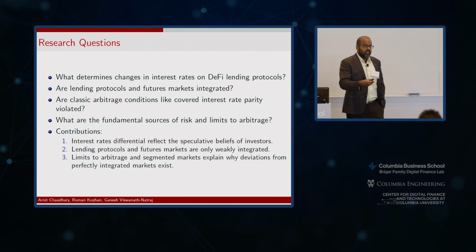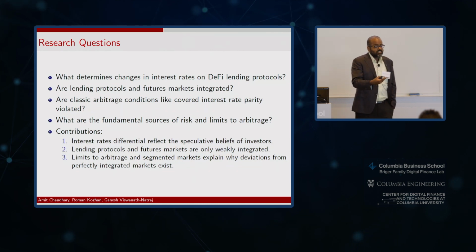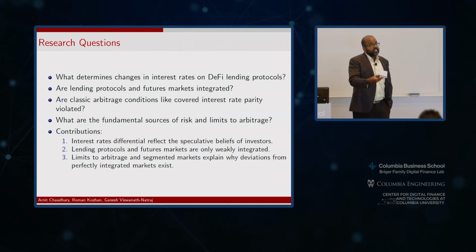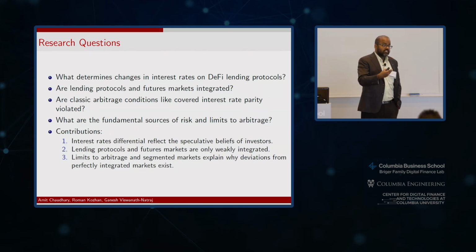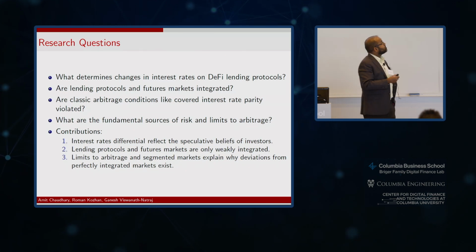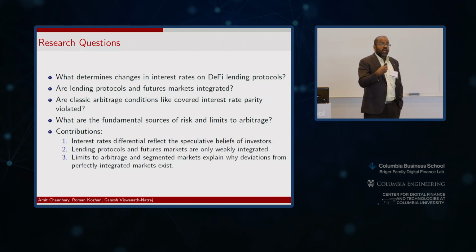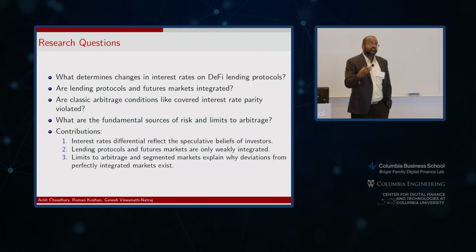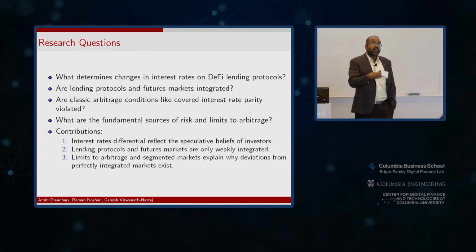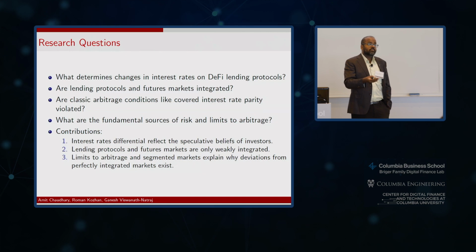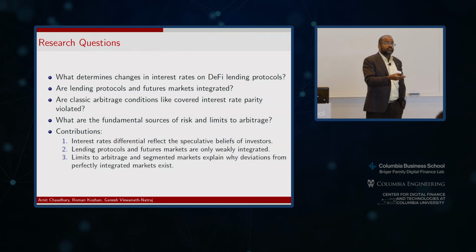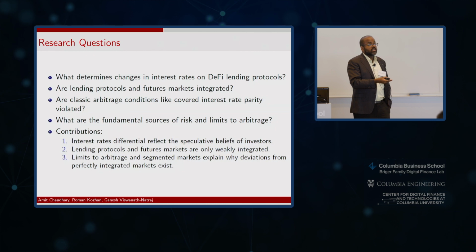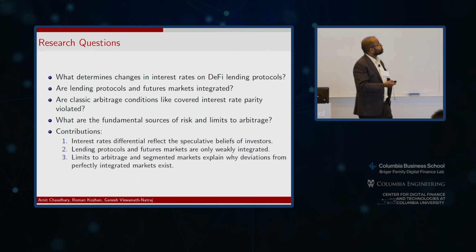We hypothesize that these lending protocols are a way to do leverage trading, and if that is the case, there should be some integration between lending protocols and futures markets. We'll also look at arbitrage between lending protocols and futures markets. In traditional currency markets, we have arbitrage conditions like covered interest rate parity, so we can test if these conditions hold in cryptocurrency markets as well.